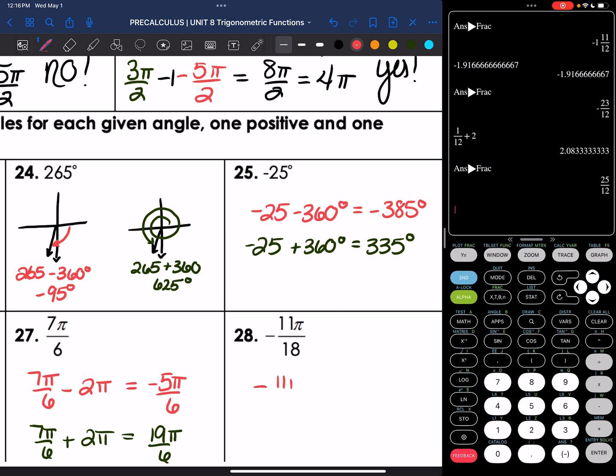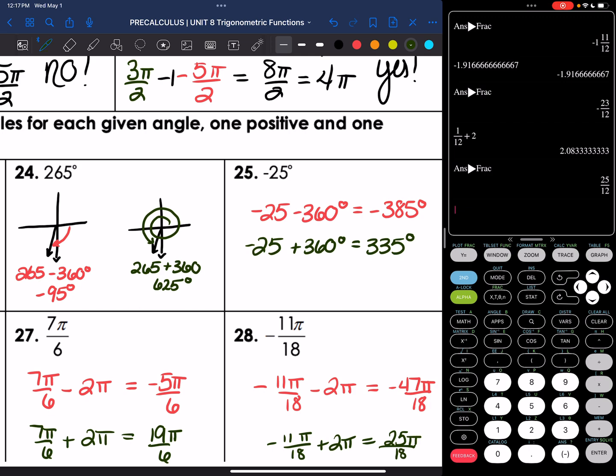We're going to subtract 2 pi. This is going to give us a very large rotation in that negative direction, and that is going to be a negative 47 pi over 18. But if we go in the positive direction and instead add 2 pi to it, that's going to put us at 25 pi over 18.